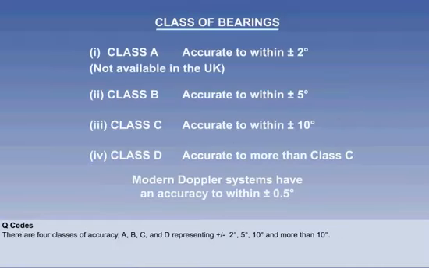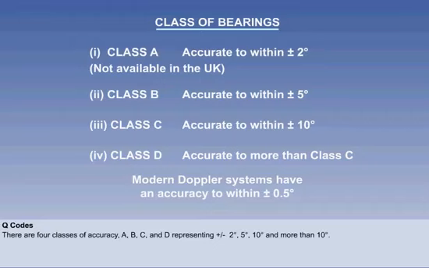The bearings given by the ground station can be very accurate, especially if Doppler principles are used. A simple classification system has been devised for bearing accuracy, namely, Class A, accurate to within plus or minus 2 degrees.